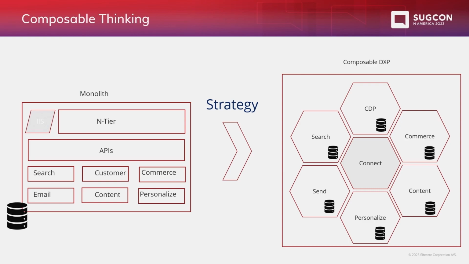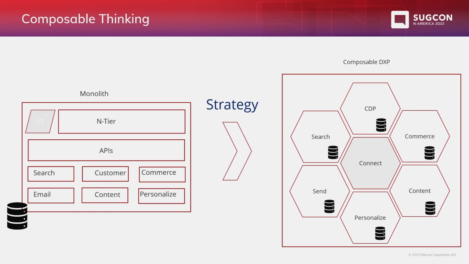We have domain-oriented components. And to get to that, we need to start thinking about strategy, how these components would help us solve specific business needs. We are no longer looking at a specific application that we need to use or whether we need to use Helix architecture or not.